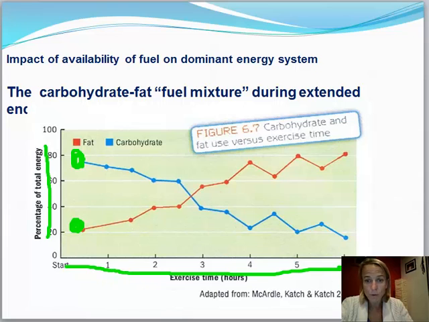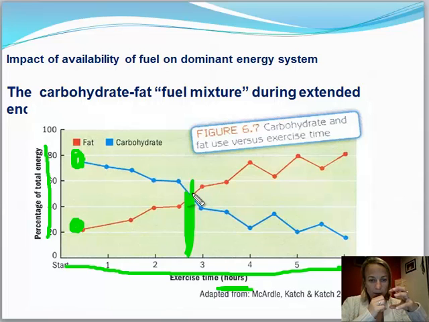However, as we continue for many hours, at just over the 2 hour mark, we have about a 50-50% share of both carbohydrates and fat contributing to the overall energy.